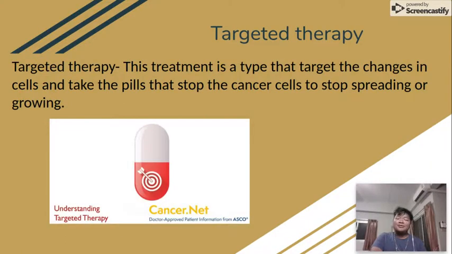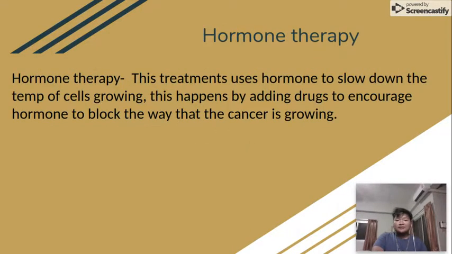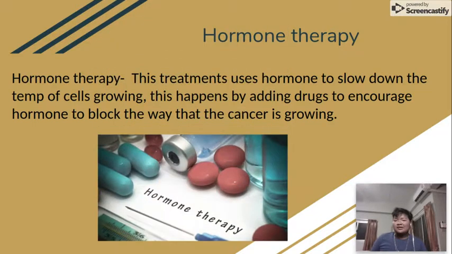Targeted therapy. This treatment is a drug designed specifically for where you have the cancer cells, to stop them from spreading or growing. Hormone therapy. This is a very weird one.